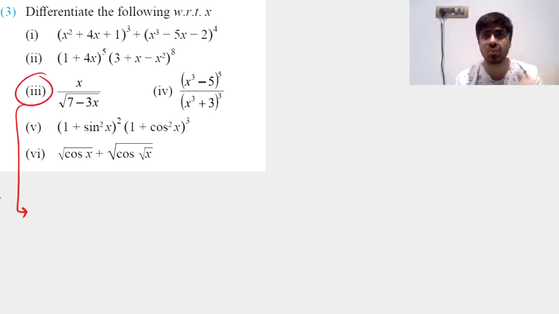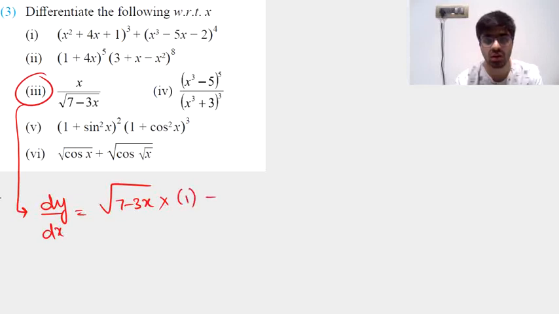This time it is u upon v, and dy by dx for such sums will be written as v into the derivative of u. So v into the derivative of x, which is 1, minus x into the derivative of v. Okay, v is root over (7 − 3x).